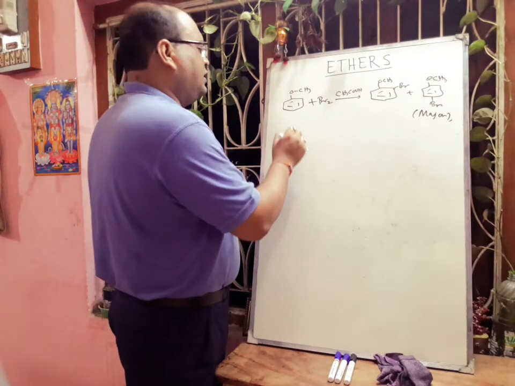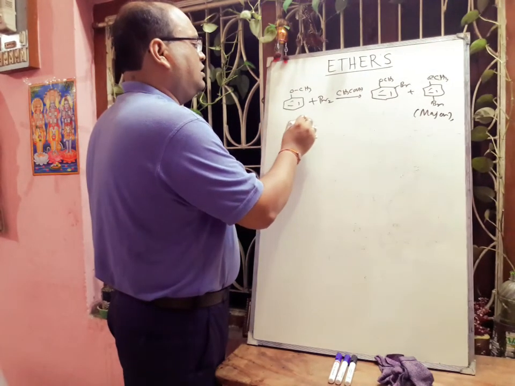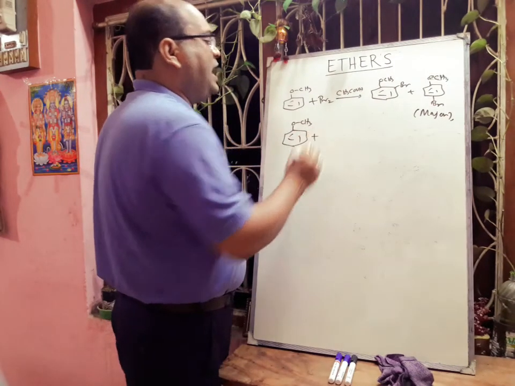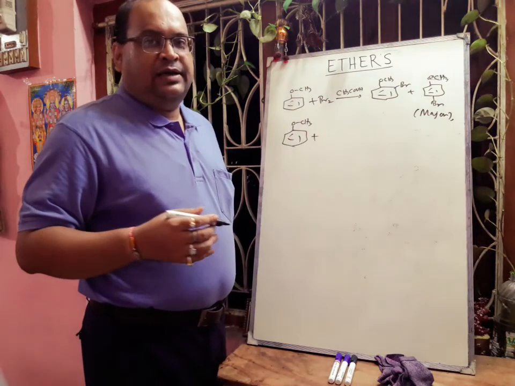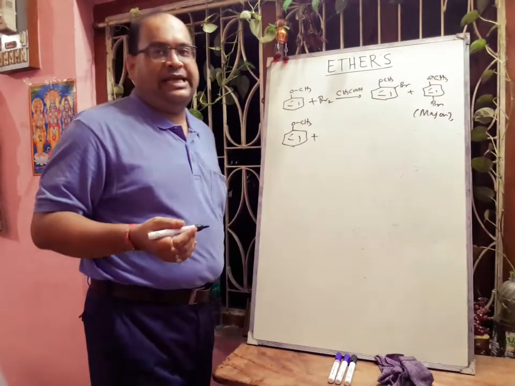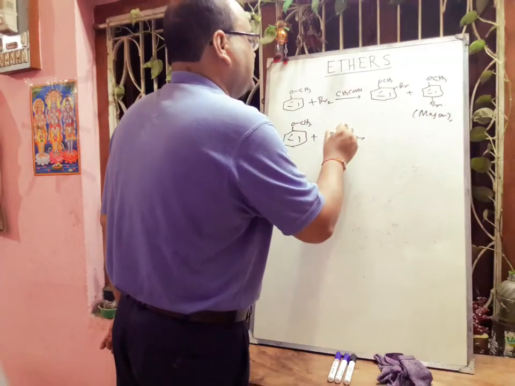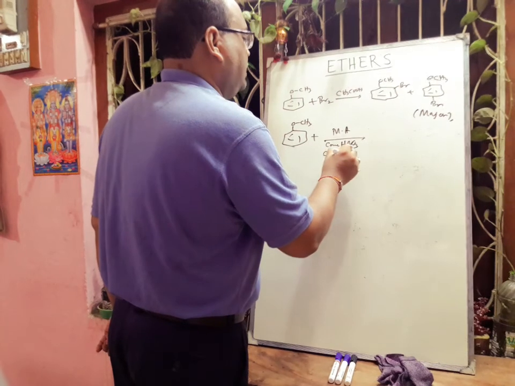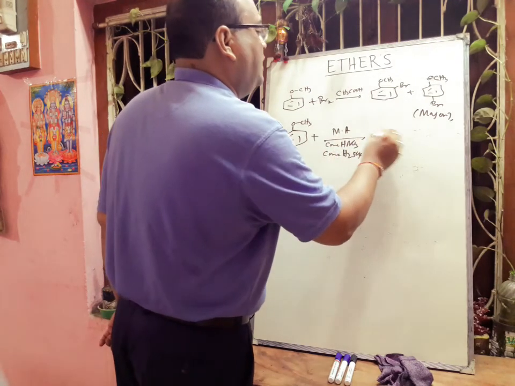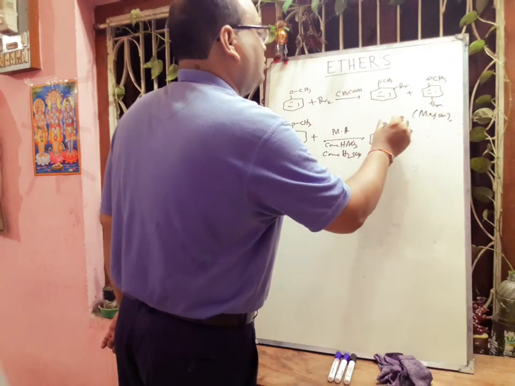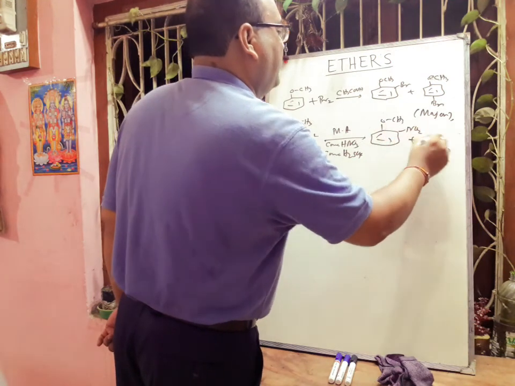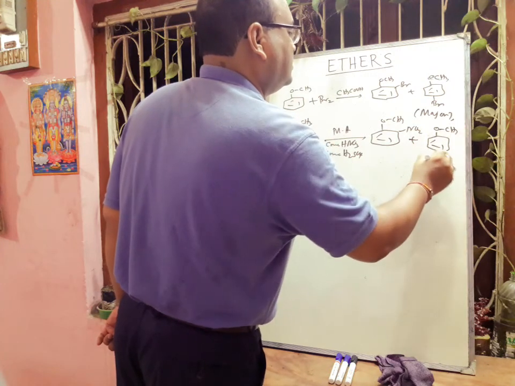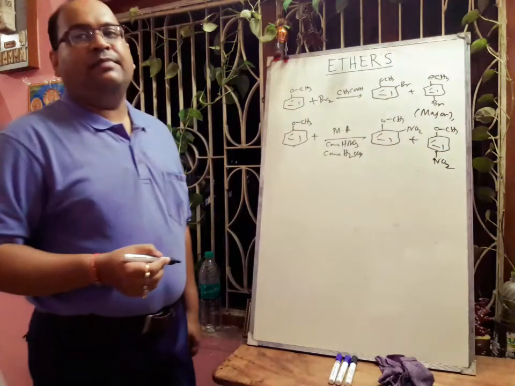If we take this anisole and add the nitrating agent, that means mixed acid, concentrated HNO3 and concentrated H2SO4 1:1, definitely there will be nitration at the ortho and para position, and para will be the major product.